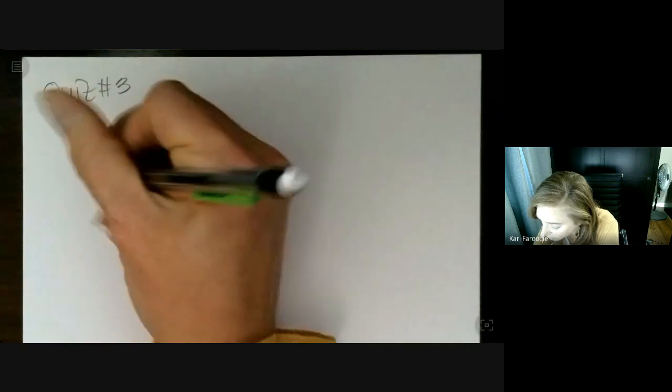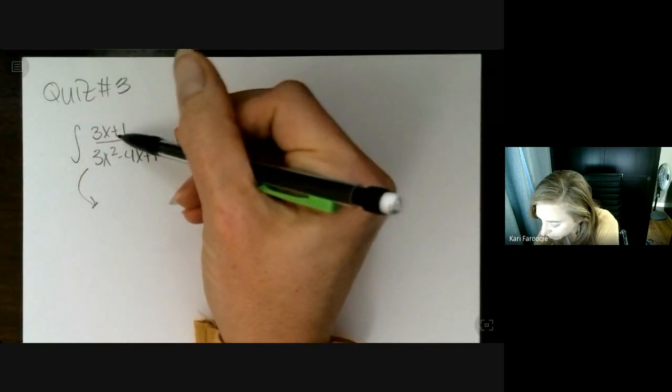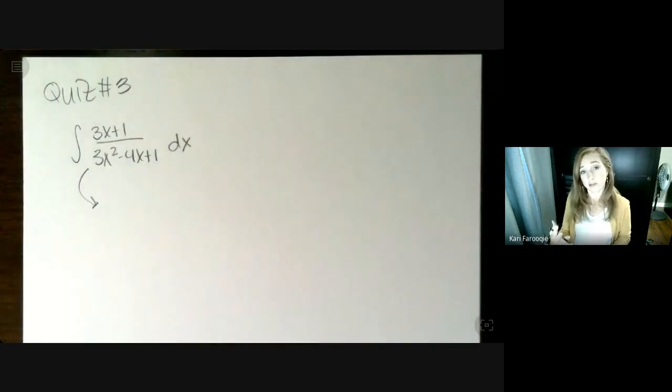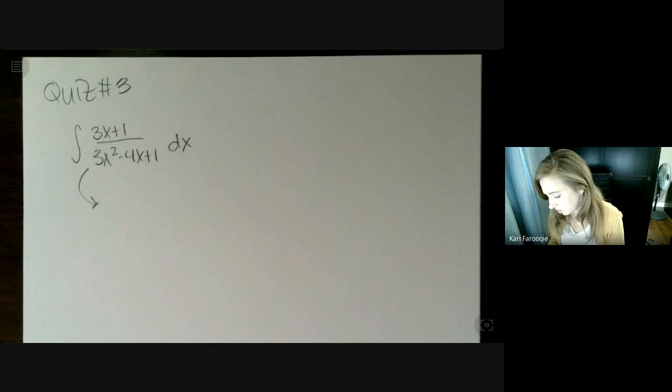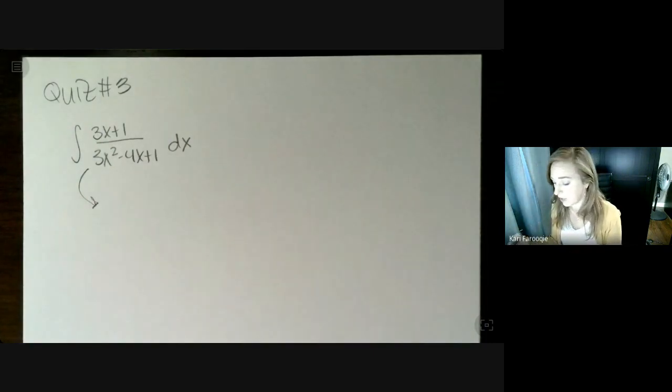So first you're going to look at the denominator. And if you're not sure what to do, remember that if you see a numerator that's 1 degree less than the denominator, you should be thinking u substitution, like with a natural log form. You're looking for du over u, but first you have to just make sure that you have that.